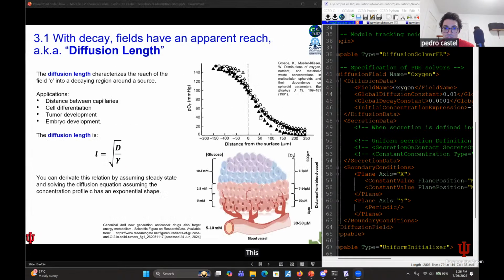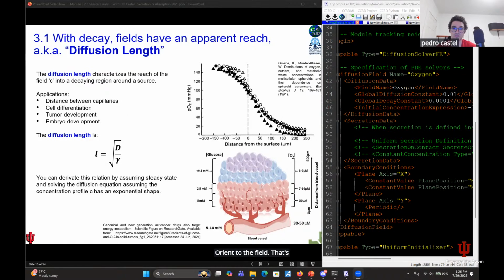This is very common in problems such as a tumor, where you have nutrient, oxygen, and something else, growth factors in the environment, and they diffuse into the tumor or into the tissue, and you see this exponential profile of the field as you go into the tumor or into the tissue.